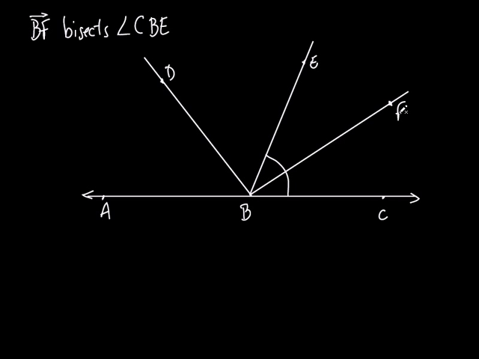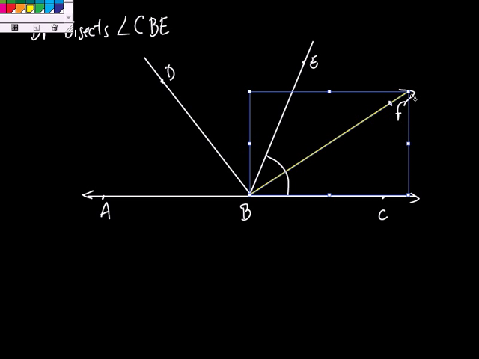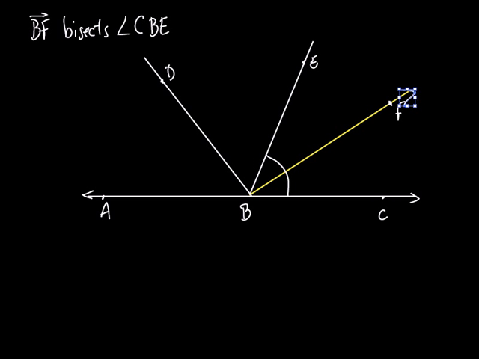But what bisects it? BF, this one right here. Let's change the color of that just so we see it a little bit better. And right there, okay? So this one right here bisects, and we'll change that color too. See that yellow one? It bisects that big yellow angle right there.